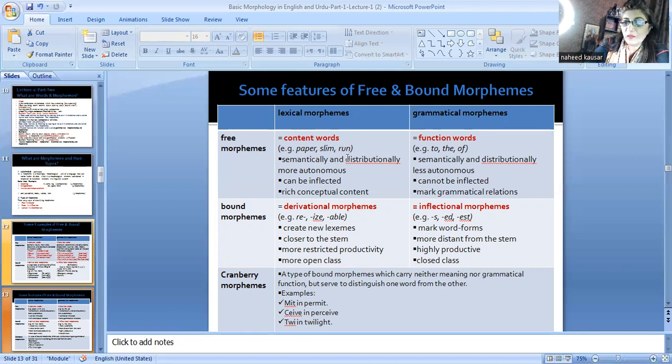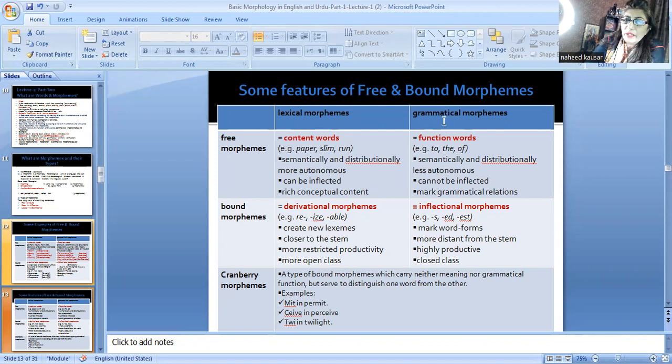Similarly, if we consider the word run, running, we are adding ING at the end, which is a kind of inflectional morphology. Okay, fine. The content words can be inflected if they are lexical morphemes and free morphemes, and then they are more autonomous and have rich conceptual content.